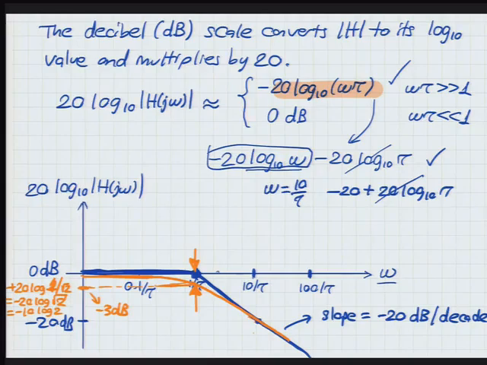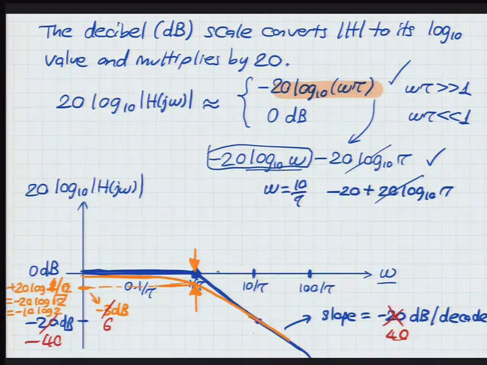So everything looks the same, except that this negative 20 becomes negative 40. Because I'm adding two of those, basically, right? Thereby multiplying by 2. This negative 3 dB becomes negative 6 dB, right? Everything else is the same. And the slope is negative 40 dB per decade. Right? If I had 3 poles at the same place, that would have been negative 60 and so on.